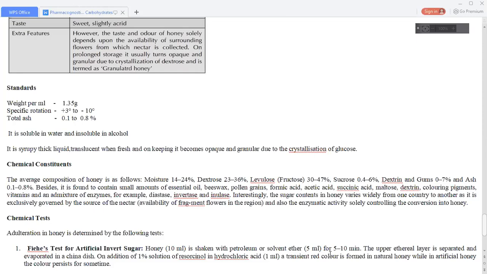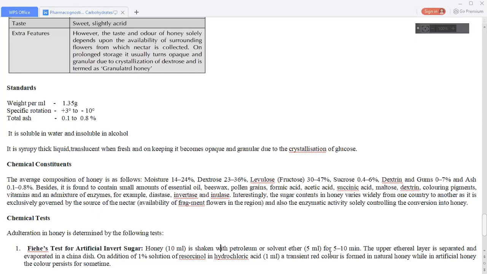Interestingly, the sugar content in honey varies widely from one country to another, as it is exclusively governed by the source of the nectar, as it depends on the flowers, because here the honeybee sucks the nectar from different flowers, and the sucrose levels in different flowers may vary.